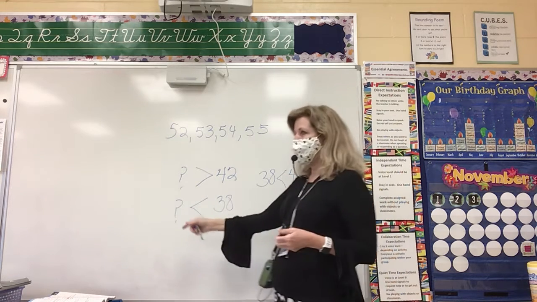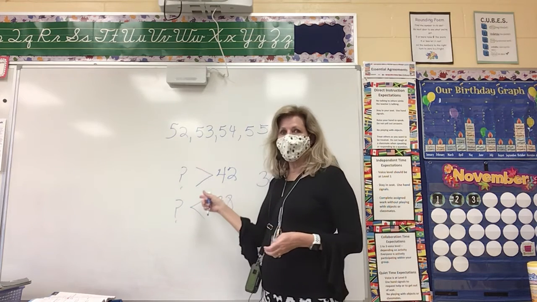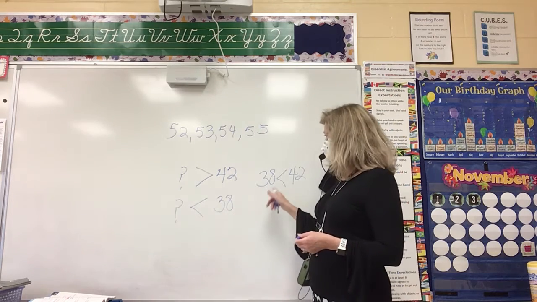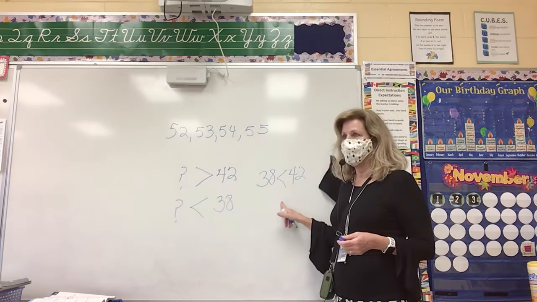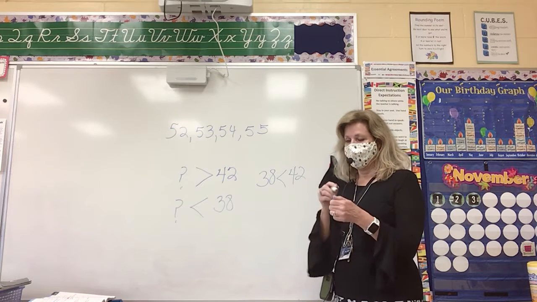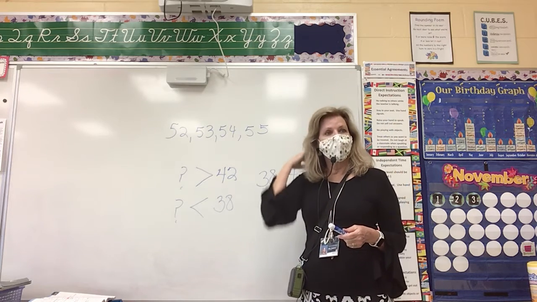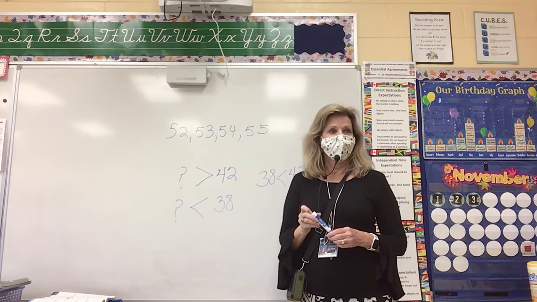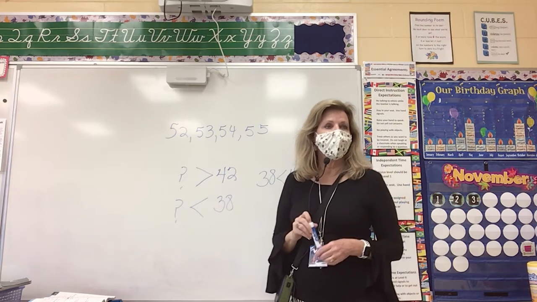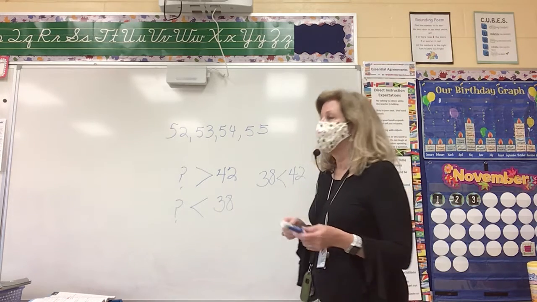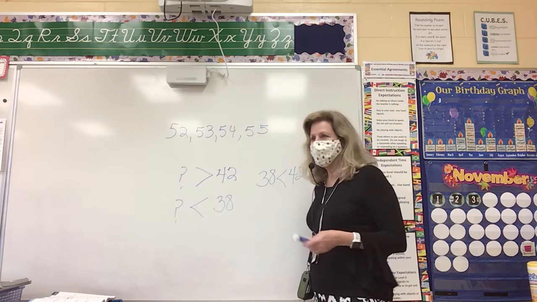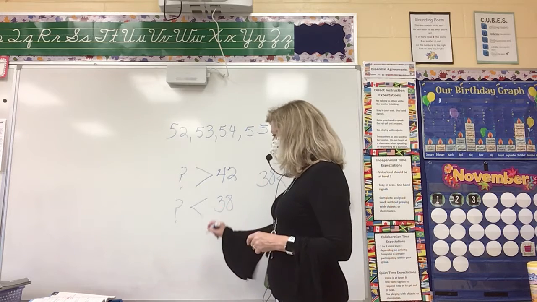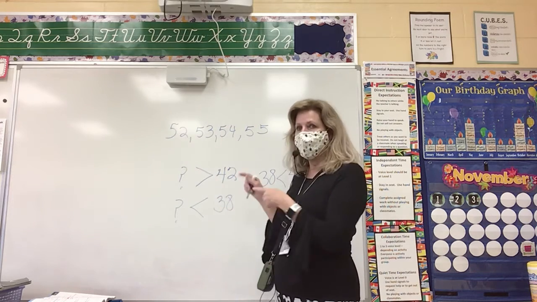So how can he read more than 42 pages but less than 38 when 38 is already less than 42? Yes, Connor. There's another way you could say, no, because he is making a predicament. He is doing what? Making a predicament. Oh, I like that. We're using our bonus word, predicament. Very good.